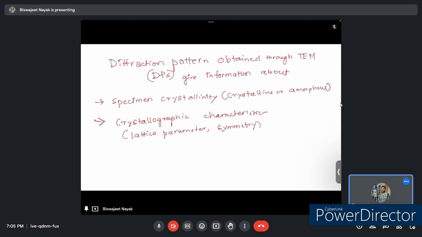It is also possible to say whether a crystal is monocrystalline, or we can also say about its grain morphology.